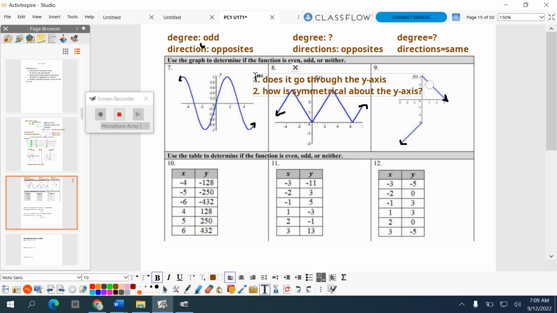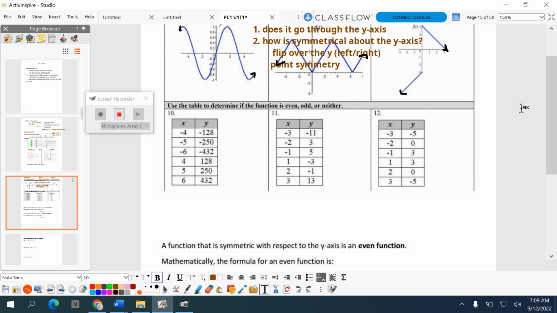So it's either going to be, I can flip it over, left, right, doesn't matter, and it folds over on itself. Or 2, I have point symmetry, where I have to flip it more than once to get that symmetry to be effective here. So I'm going to drag this down.